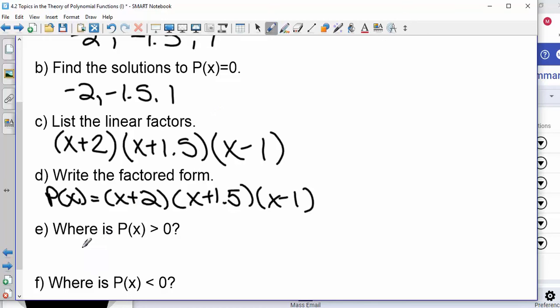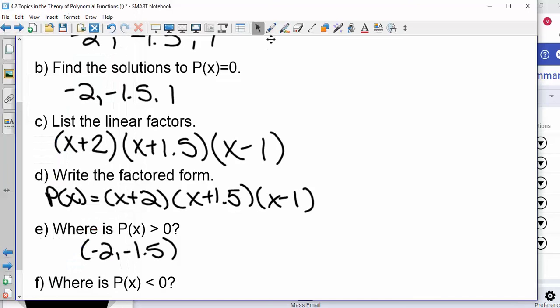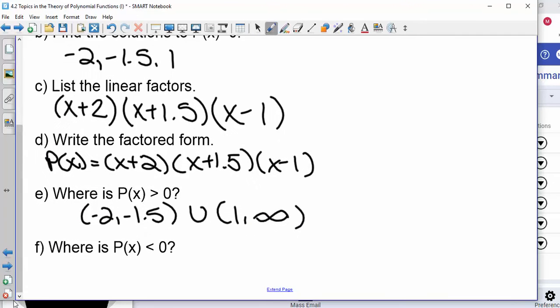You get what I'm saying. Is it above the x-axis anywhere else? Yeah, 1 to infinity. Would you put brackets there if it was equal to? Yes, if I had an equal to, then you would.